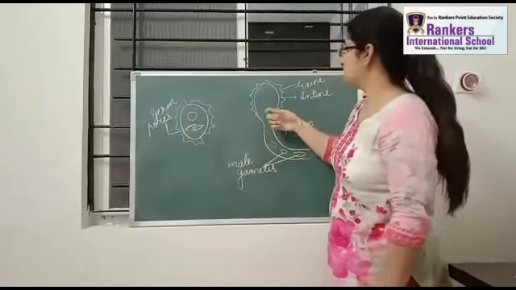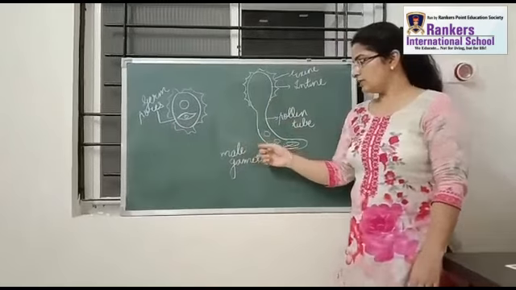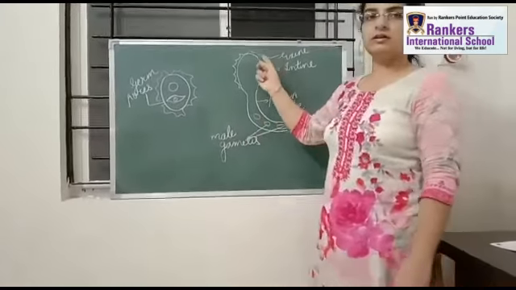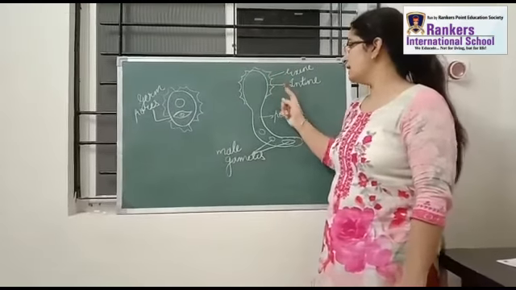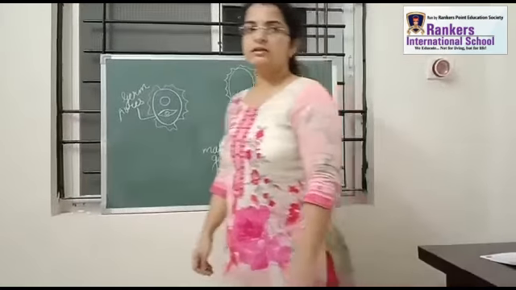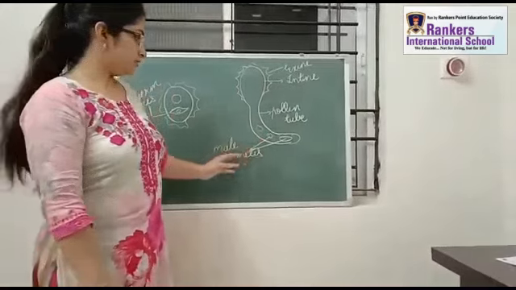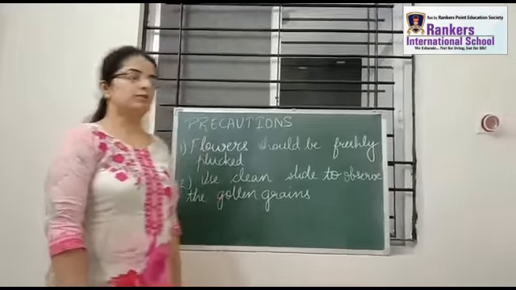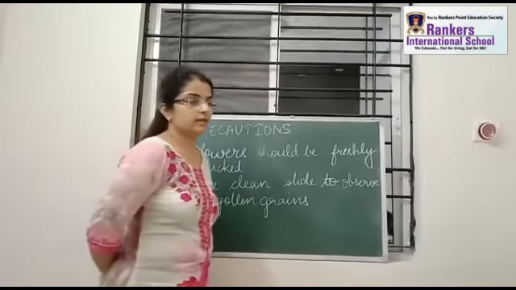Second, you will see the male gametes in this pollen tube, and two layers are also present, exine and intine, and this pollen grain contains two male gametes.